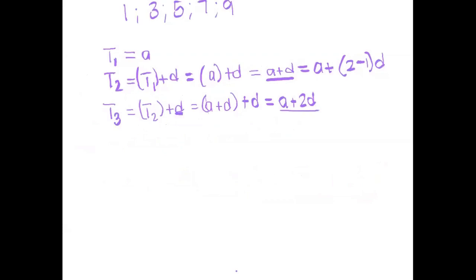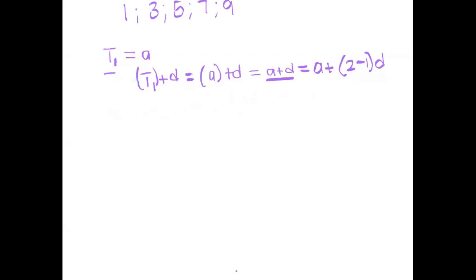Oh, hi. I wanted to ask, if, as you said, T1 is close to A, right? Yes. So if T1 is close to A, aren't we supposed to say 3 plus 1, then 5 plus 3, then 7 plus 5, then 9 plus 7?